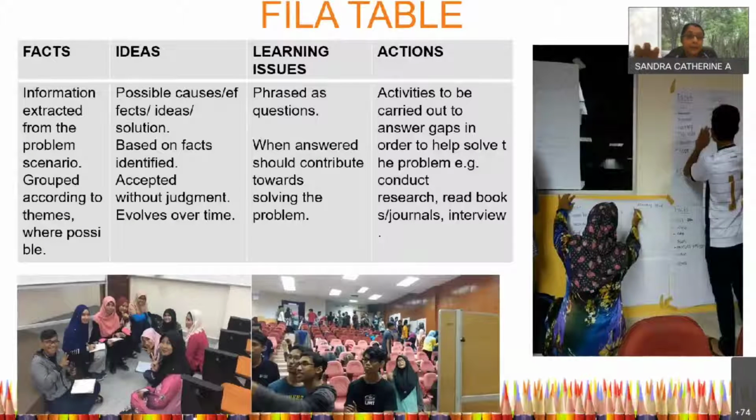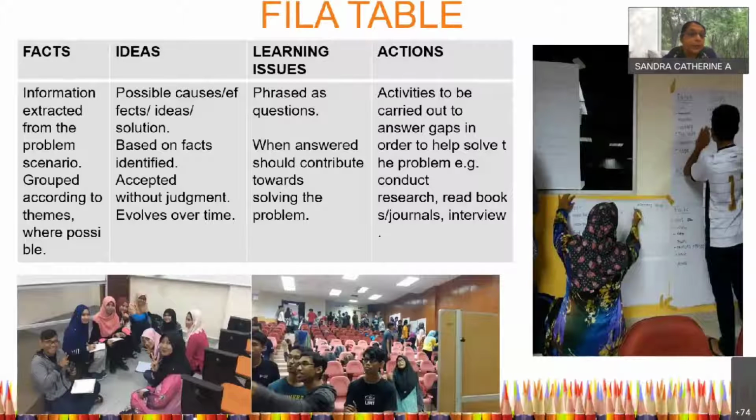Okay, so this is an example of the table that the students need to fill up during the problem-based learning activities. So normally, this is before the MCO time, where I usually had about 100 students in my class.